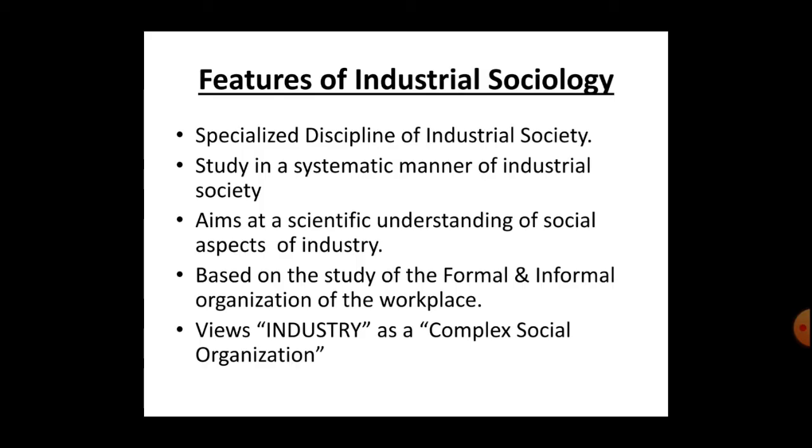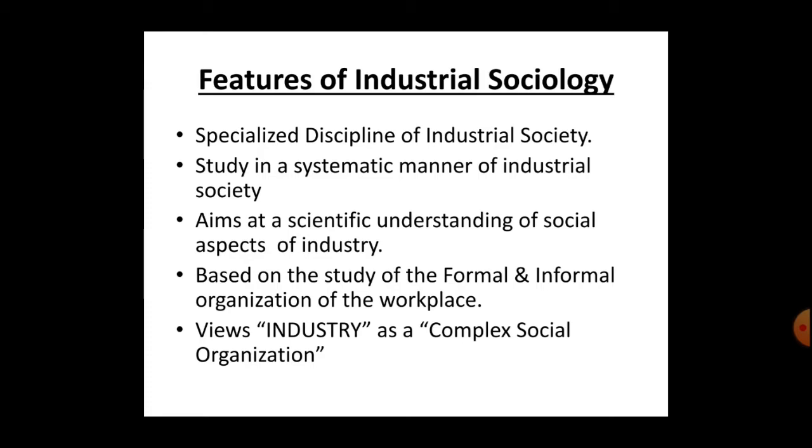It aims at a scientific understanding of social aspects of industries, like interpersonal relationships at the workplace, and how they affect the efficiency and performance of an individual, based on the study of the formal and informal organization of the workplace.